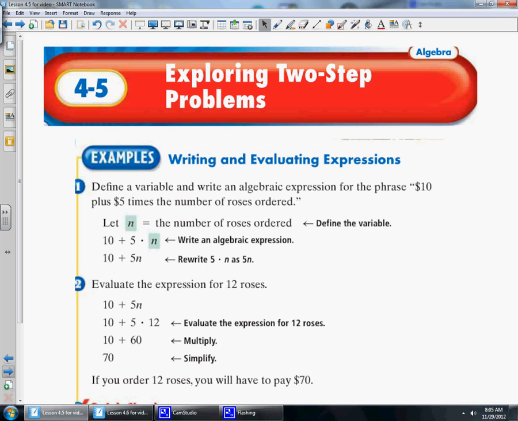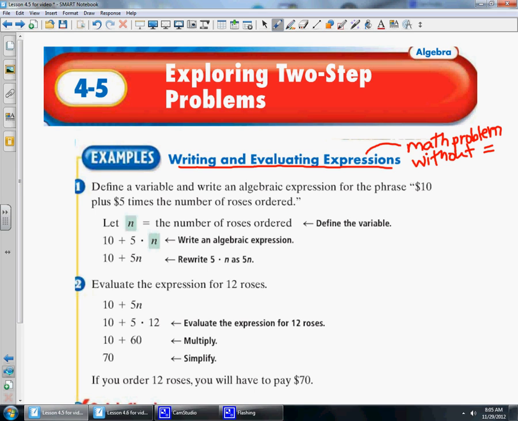Today what we're going to look at is exploring two-step problems. So the first example that we want to go over is writing and evaluating expressions. Remember, an expression is just a math problem without an equal sign.